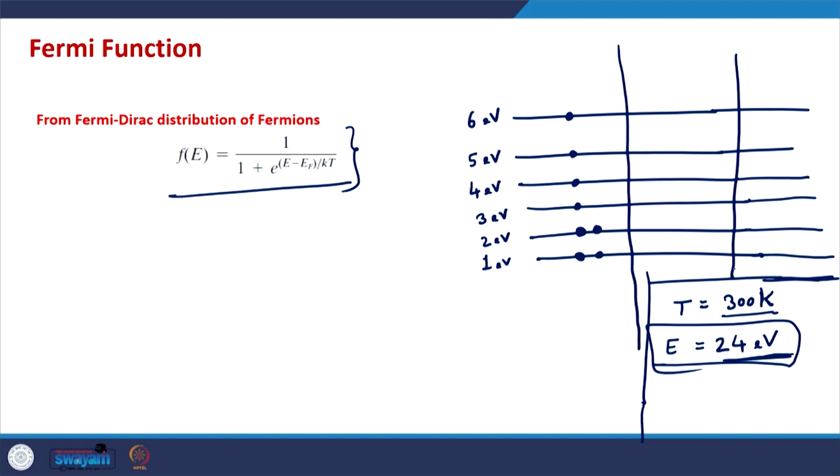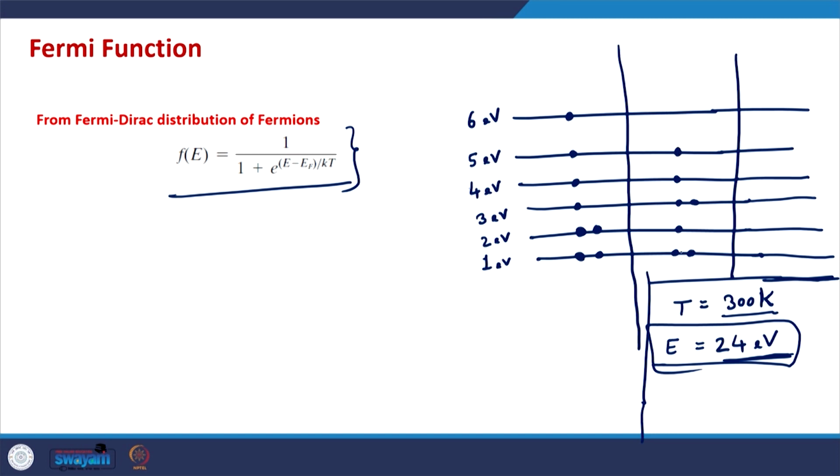So, at 24 eV energy, another configuration could be that now 2 electrons are in the ground state, one electron here, two electrons here, one here, one here.